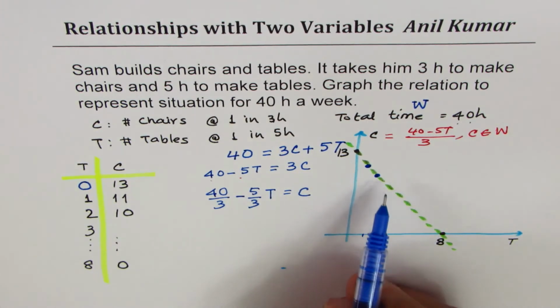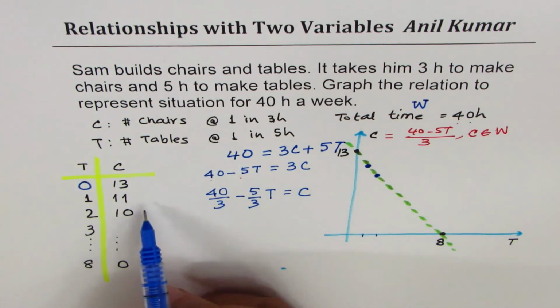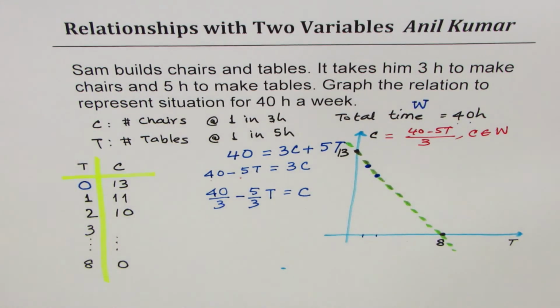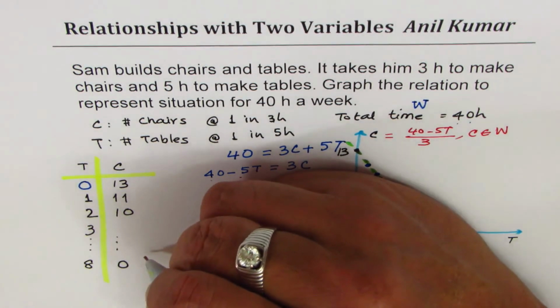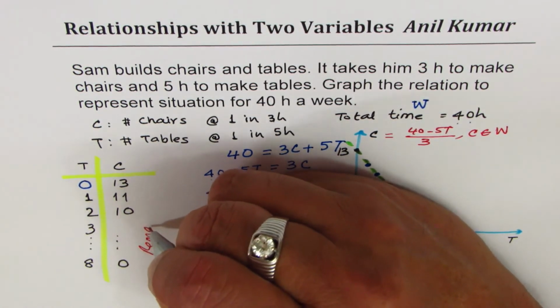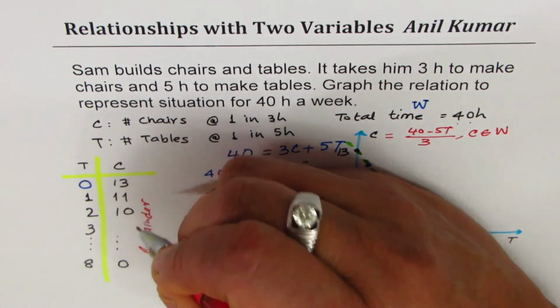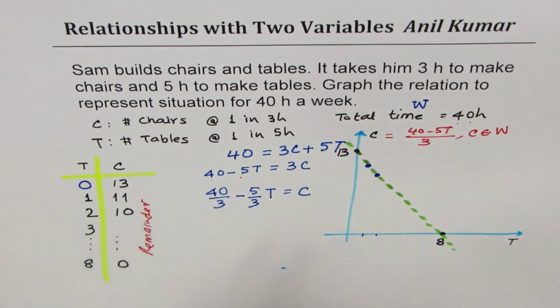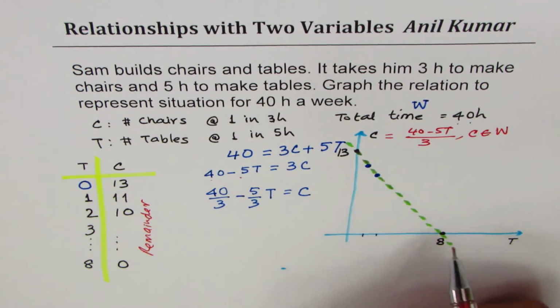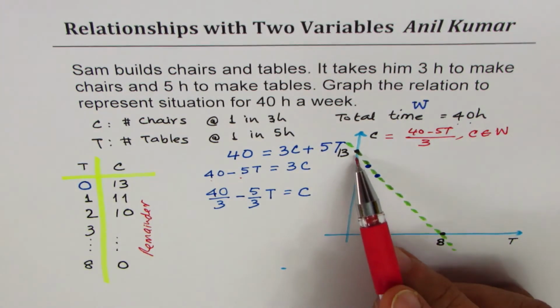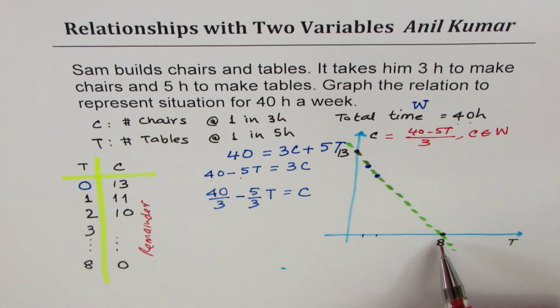They may not be exactly on the line since we have a remainder, right? So in this case, we have a remainder. Let me write here. Since we have a remainder, our points are kind of close to this line, correct? And therefore, it is a good idea to show it in terms of a dotted line.